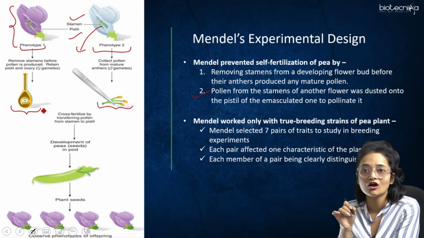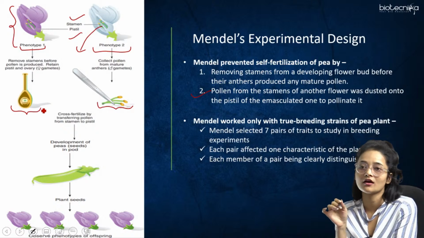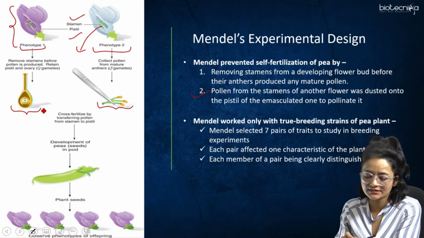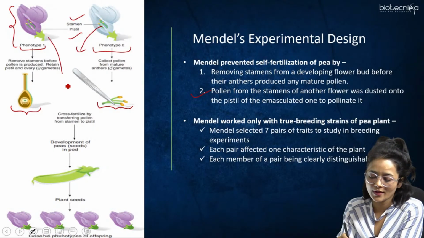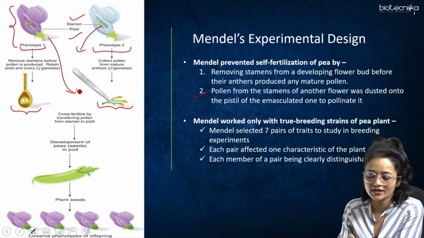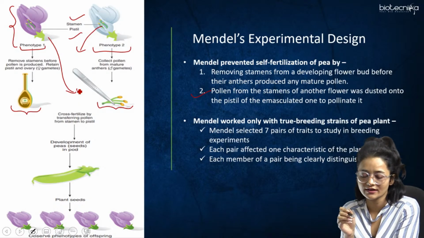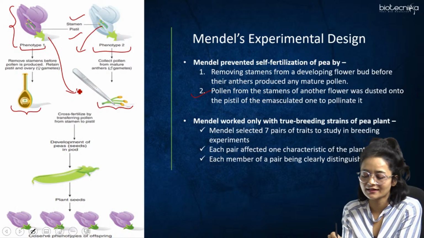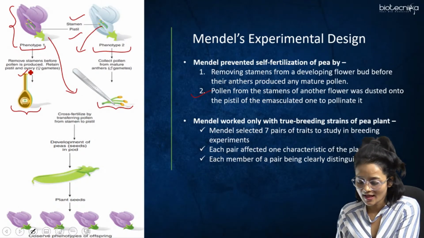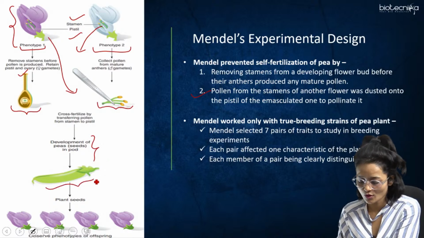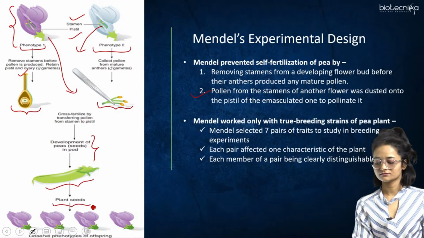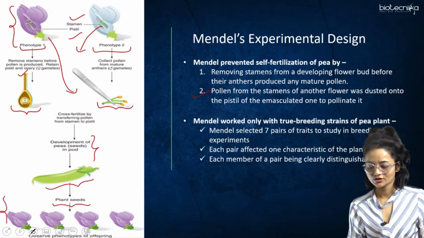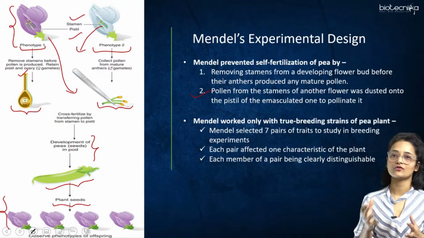This is the pistil of the emasculated plant, to pollinate it, right? The plant from which the stamen was removed is known as the emasculated plant. So the anthers were dusted on the pistil of this plant, and cross-fertilization was done, and a pod was developed, and these were the phenotypes which were observed. So this is how he performed his experiment.